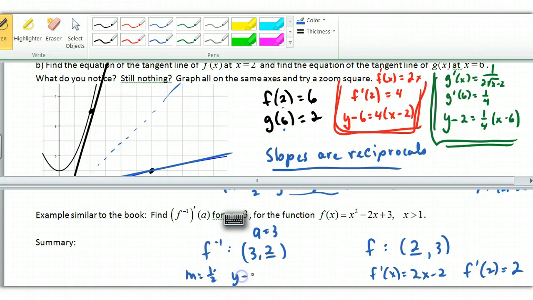And so y minus 2 is equal to 1/2 times (x minus 3). Now I can just plug in a here for this value, and that would give me f prime of... oh, I take this back, sorry. I went too far here. That's not there, it's just my slope. And so this would be equal to 1/2.